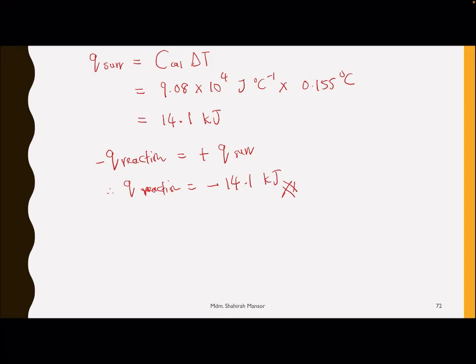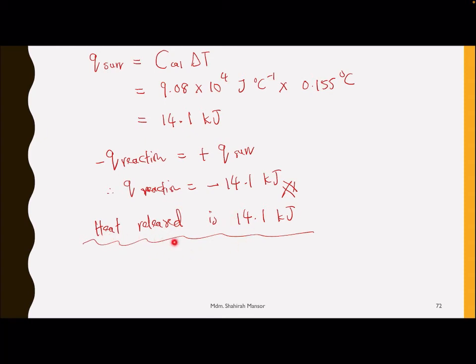Or you can also give your answer in terms of a sentence, that is heat release is 14.1 kilojoule. By writing this sentence, it is not necessary to put the negative in front. Why?